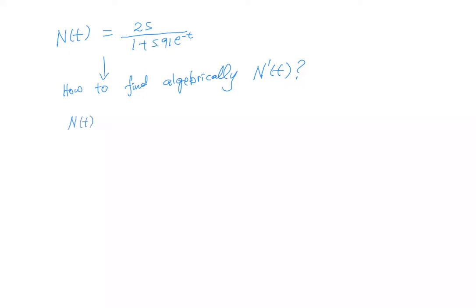I don't know. I'm not sure my answer is correct or not. You tell me how to do first. Okay, you talk first. d over dt. No, you have to find n prime t first.